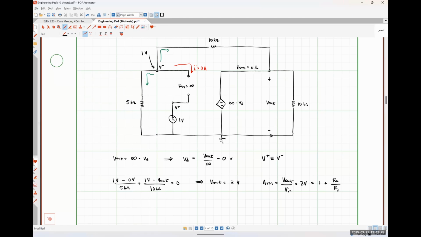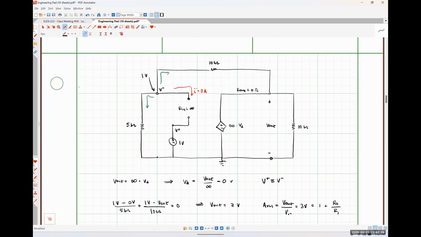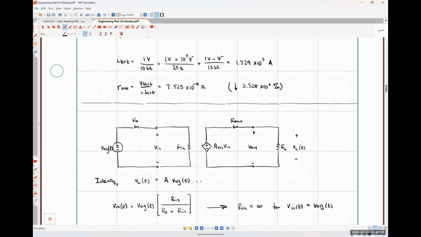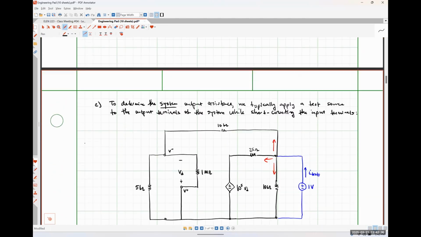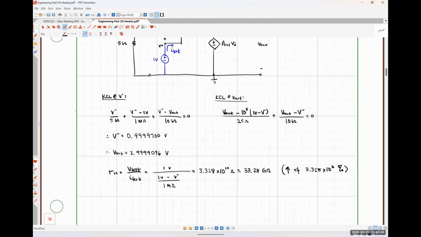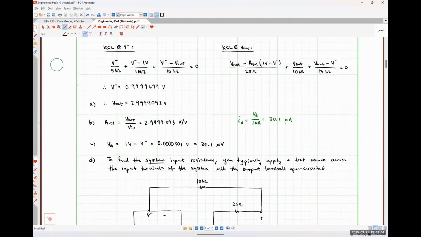So I'm essentially out of time here, but what I want you guys to draw from this lecture is that when we analyzed our original circuit using our practical op amp model, sorry, let me go back up here.